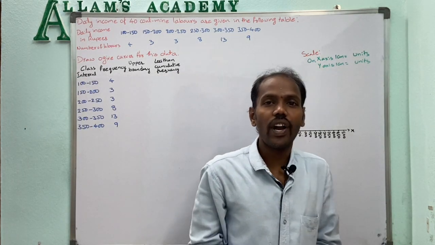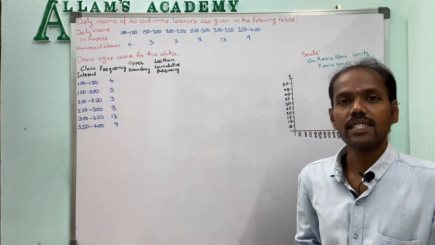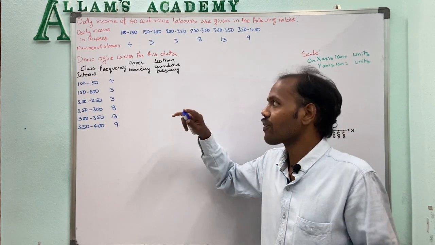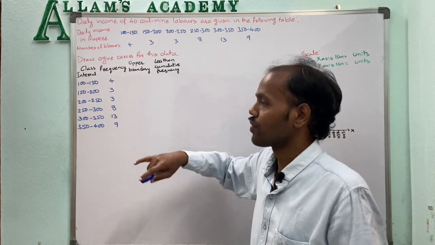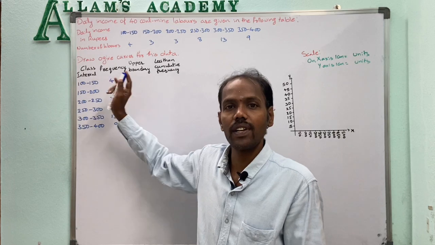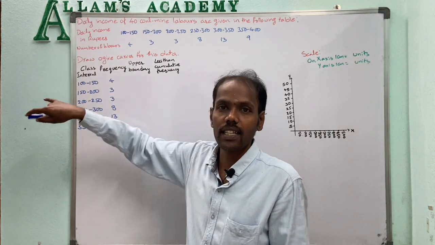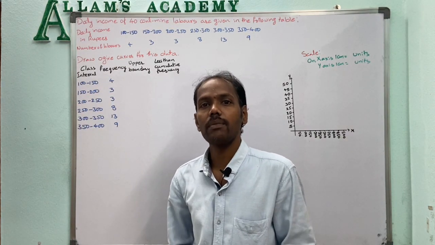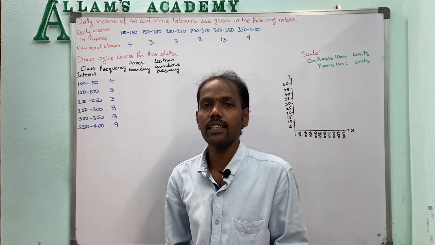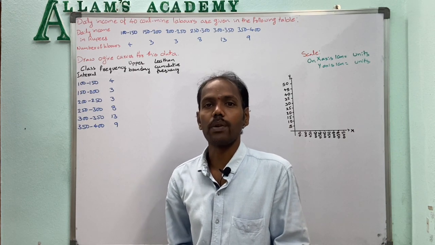For finding the boundary, as we already said, for a class interval's upper boundary, we take the average of its upper limit and the next class interval's lower limit.